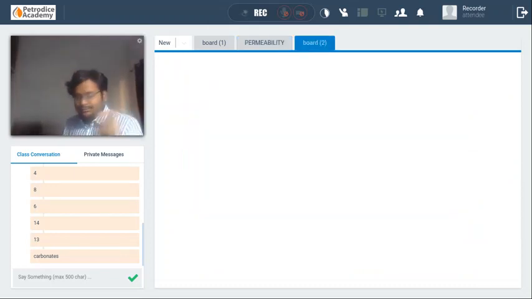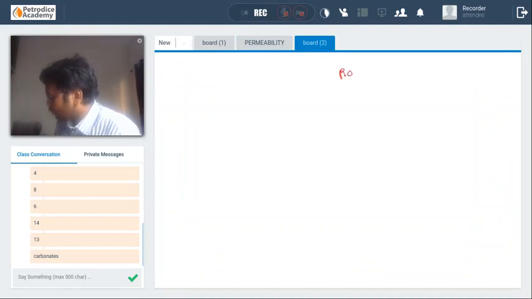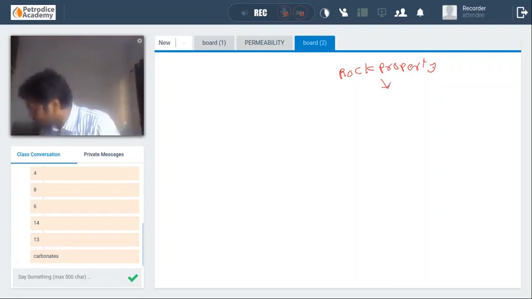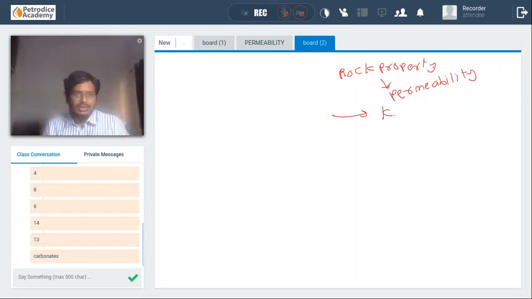So the next rock property that we are discussing is permeability, which is denoted by K. Okay, as you already know this, guys, permeability is a rock property. Again I am saying rock property, not fluid. It is generally defined as the ability of a rock to allow fluid to pass through it.